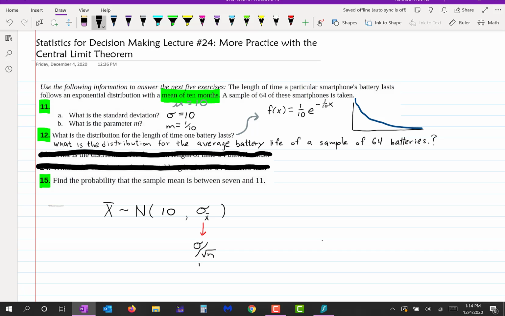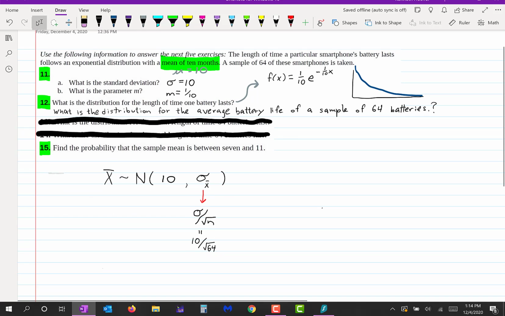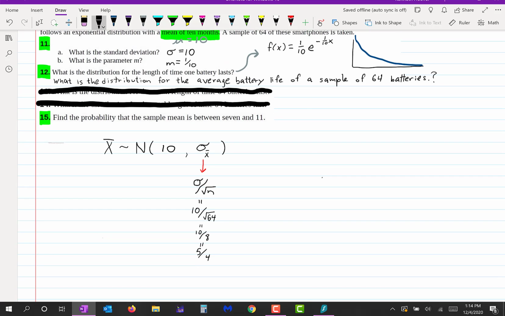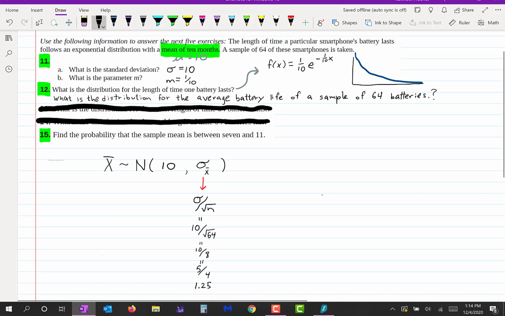So in our case, that's 10 divided by the square root of 64, which is 10/8, which is 5/4, which is 1.25. I mean, so there's lots of ways you can write it. Write it however of those ways you prefer. I'm going to put 1.25, okay?